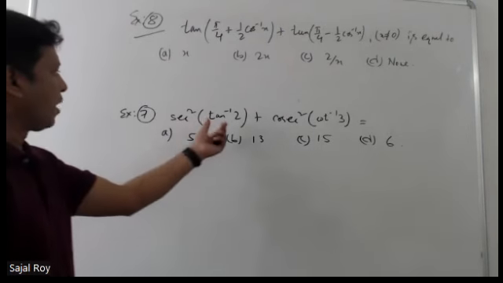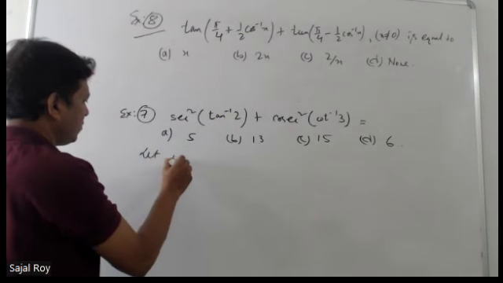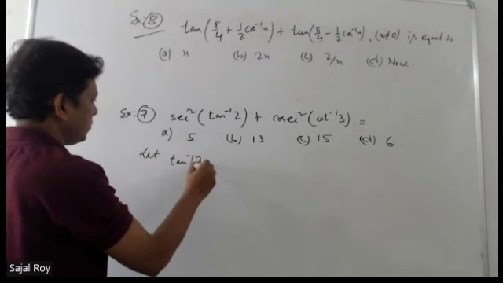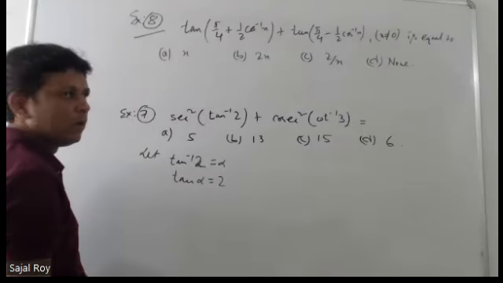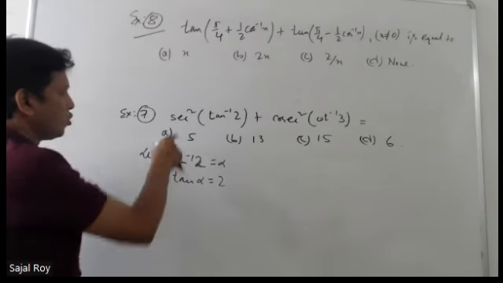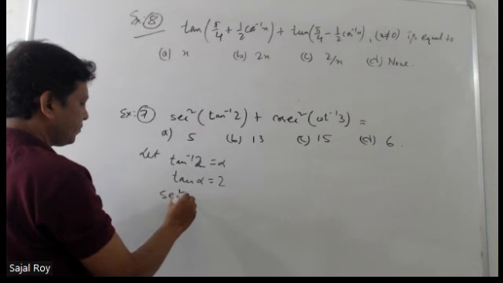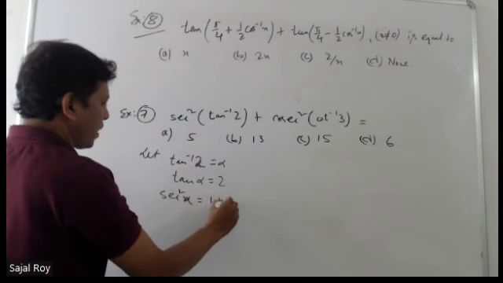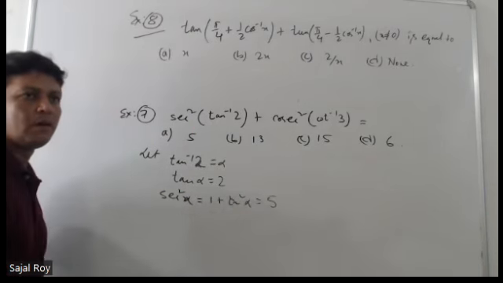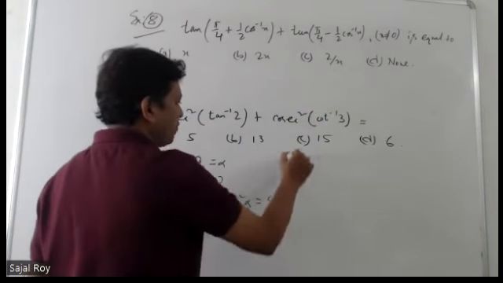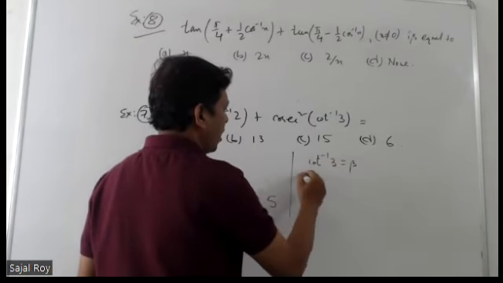What are you thinking about? Let us assume tan inverse 2 as alpha. So your tan alpha is 2. So this is your sec square alpha. What is your sec square alpha? 1 plus tan square alpha. That is equal to 5. Similarly, assume cot inverse 3 as beta.